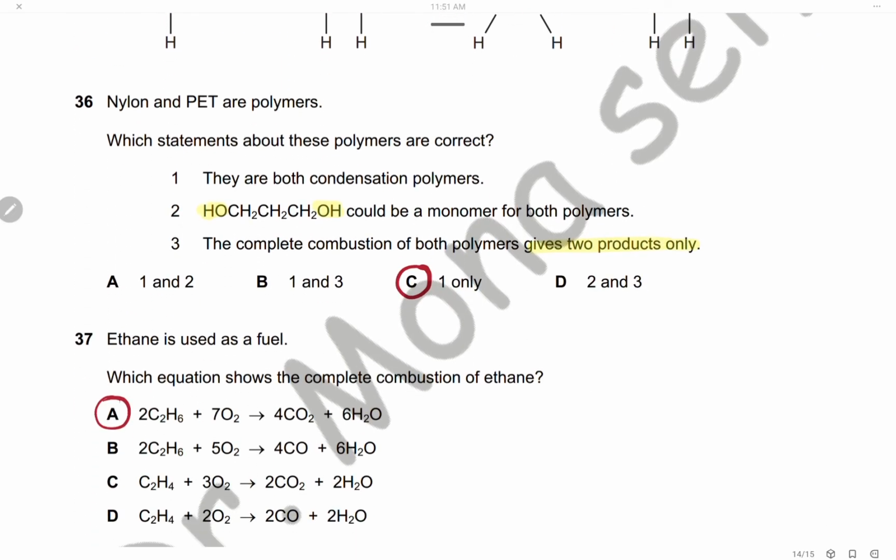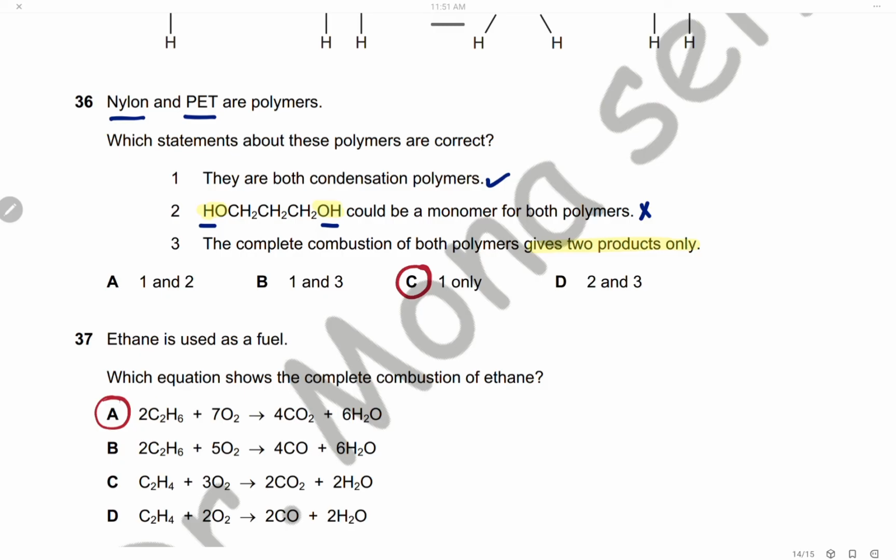Question 36. Nylon and PET are polymers. Which statement about these polymers is correct? They are both condensation polymers. This is correct. Nylon is a polyamide and PET is a polyester. Both are condensation polymers. This structure could be a monomer for both polymers. This is wrong because nylon is a polyamide, not a polyester.